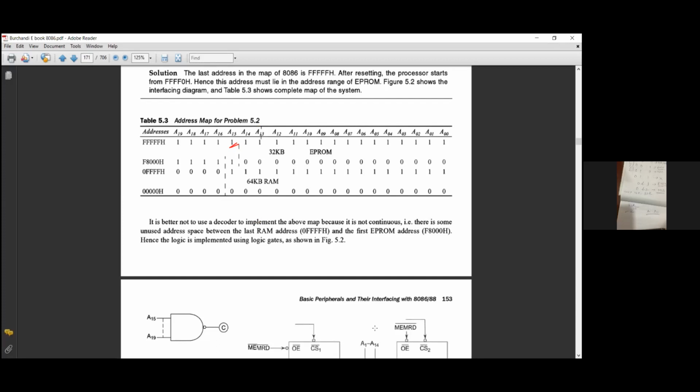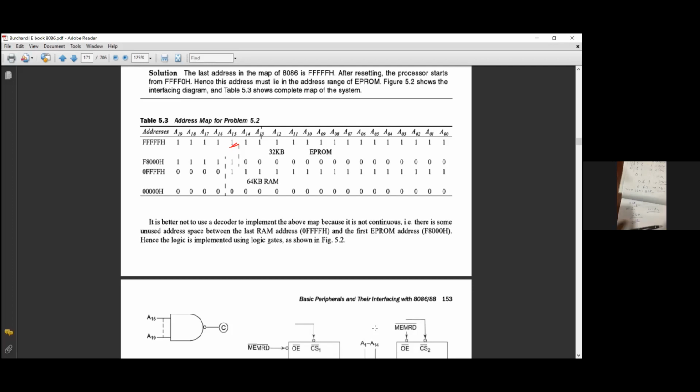sir, this is 2 chips of 32K. 2 times 32K means what? 64K. Very good. 64K means 2 to the power how much? 16. For 32 you have 2 to the power 15, so into 2 is 2 to the power 16.